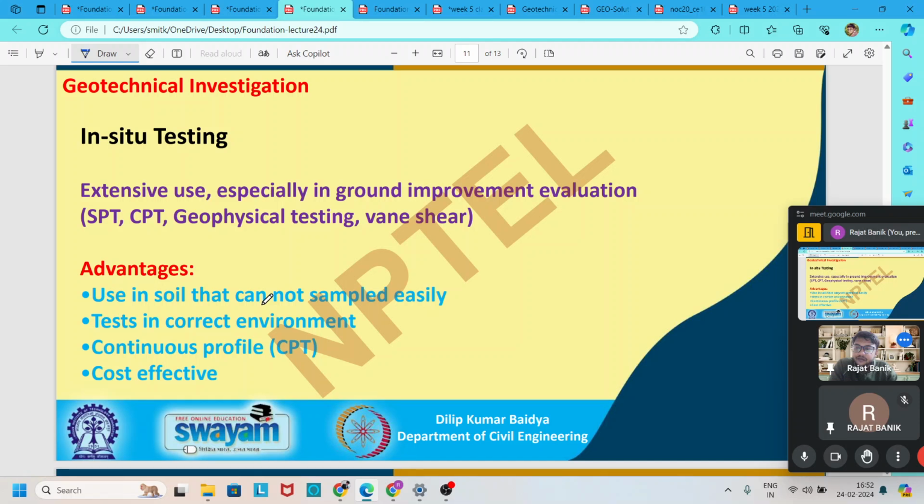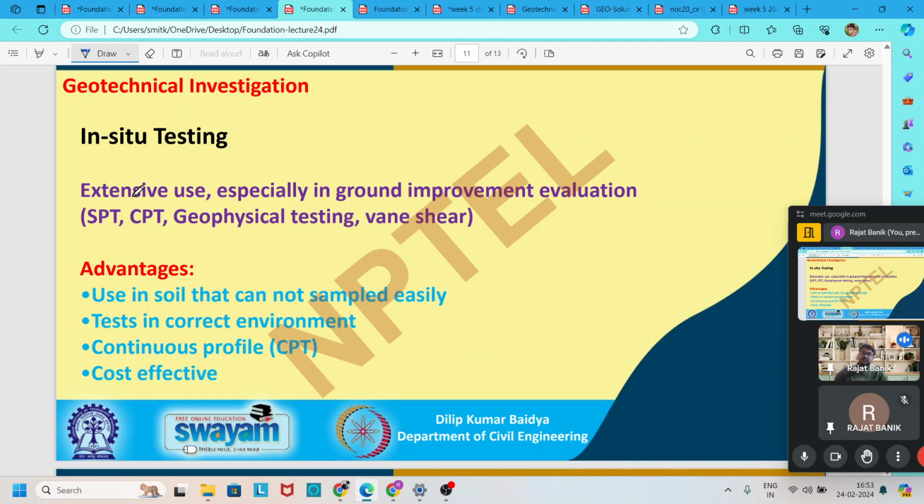Then there is in situ testing. In situ testing means testing of the soil in the field. For in situ testing, we mostly use SPT, CPT, or geophysical methods like the electroresistivity method, the MASW method, the Wenner method, and so on.